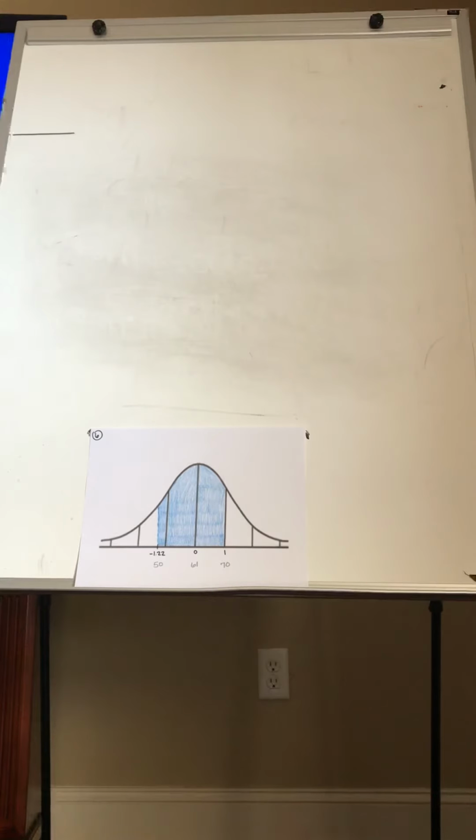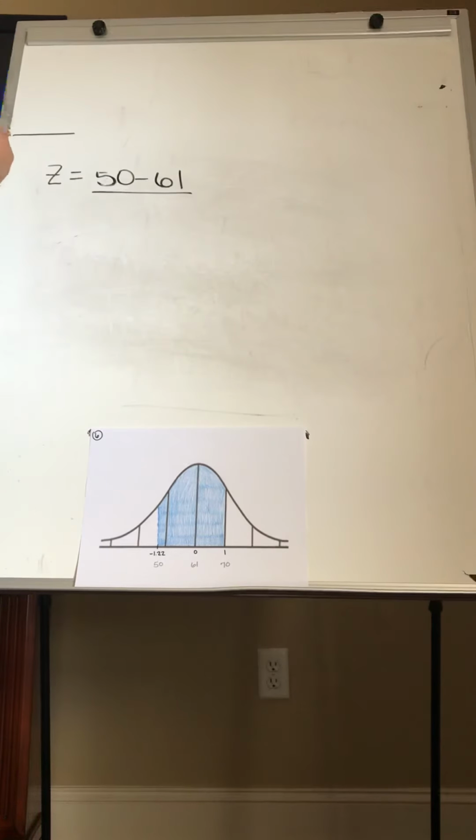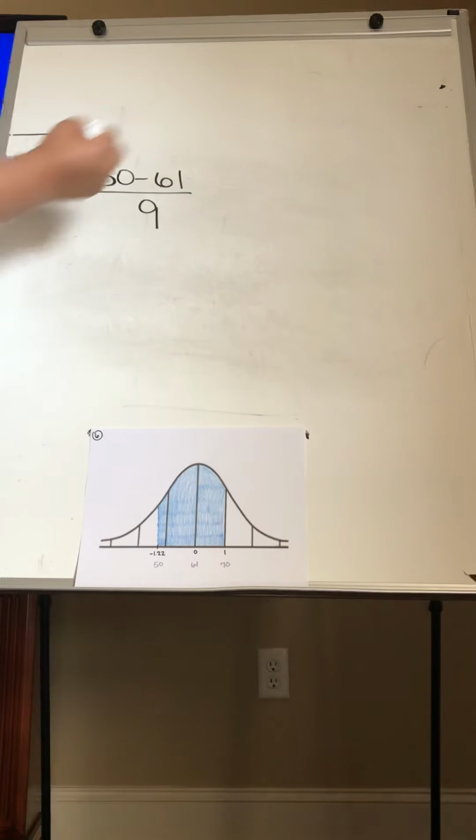So I want to know the percentage of people that finish between 50 and 70 minutes. So you're going to need to convert 50 and 70 to z-scores. So we're going to say 50 minus 61, because that's our mean, divided by 9, which is the standard deviation.